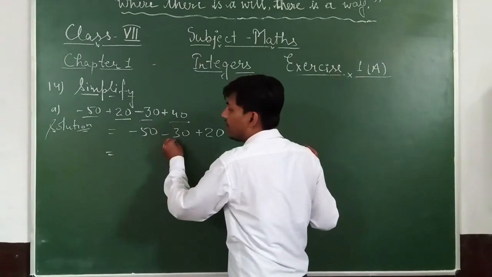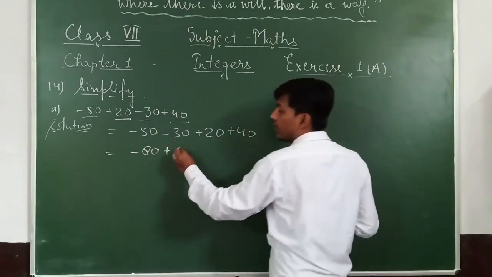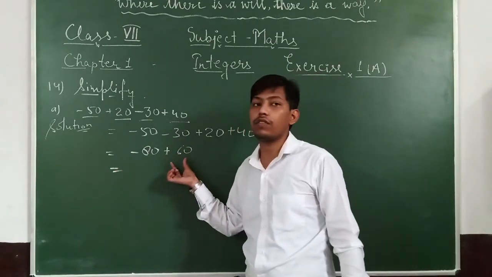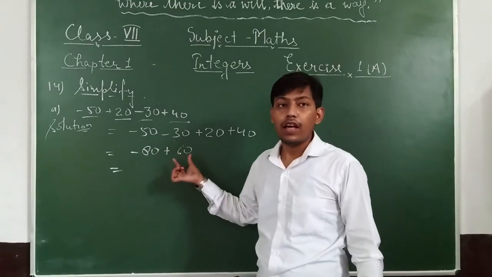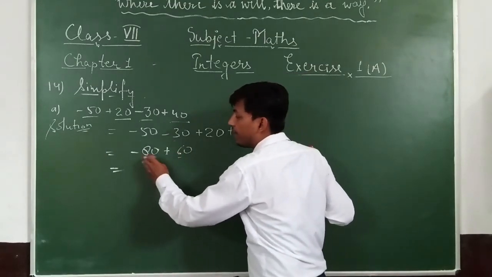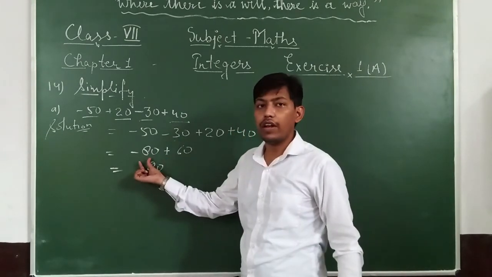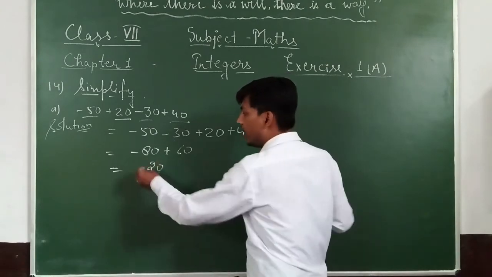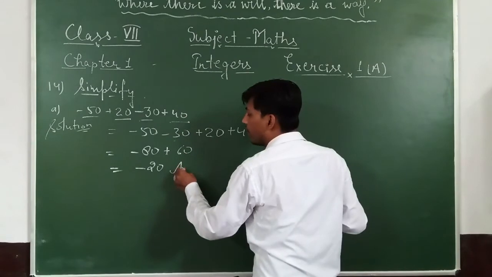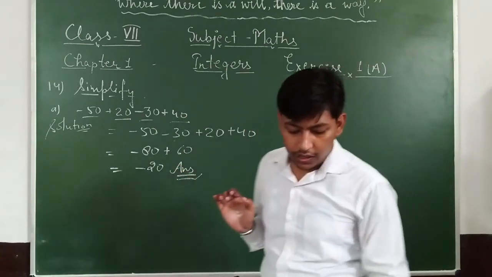Minus 50 minus 30 is minus 80, plus 20 and 40 is 60. Now we have one integer negative and one integer positive. So subtract them as whole numbers. 80 minus 60 is 20. And 80 is the greater numeral value. So put the sign of 80, minus, and we have the solution of this equation as minus 20. Do the remaining parts of this question.